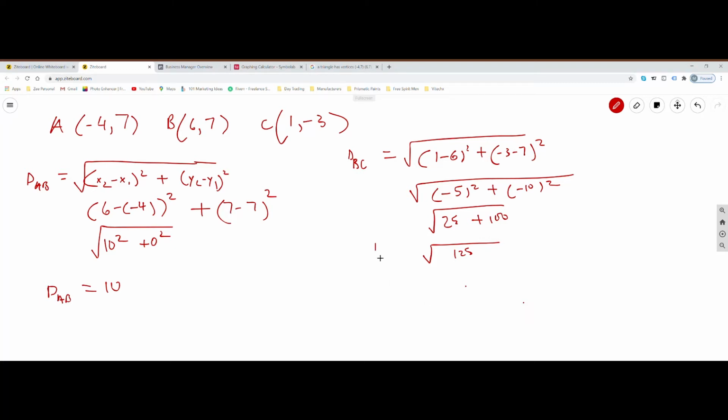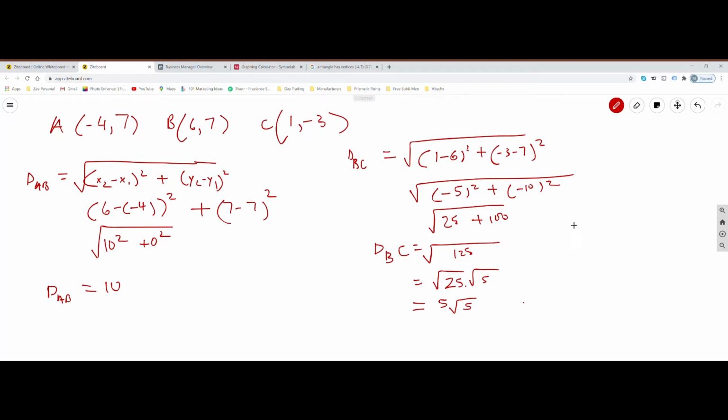What we can do is we can break this down a bit. So you have 25 and 5. So it equals 5 square root 5.